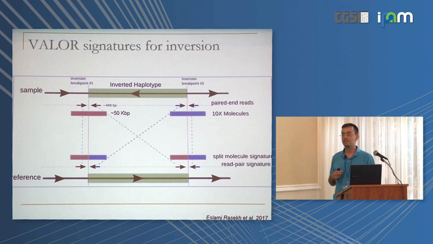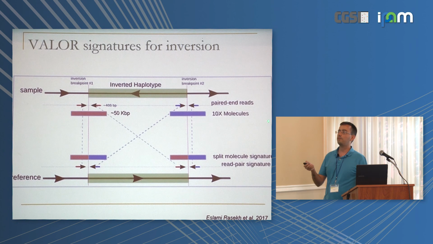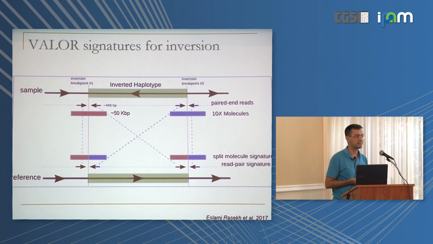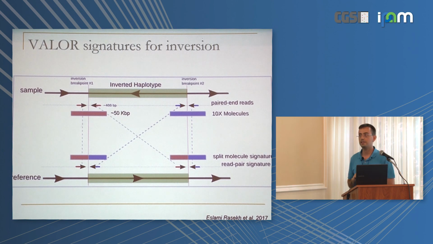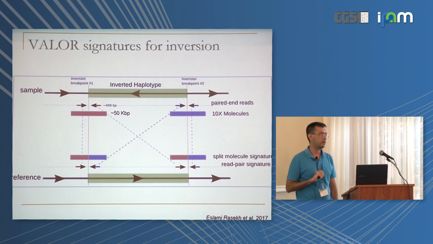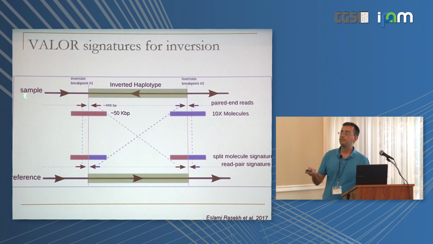So this is the signature that we used for inversion. We have the same formulation for pooled clone sequencing and 10x. The only thing that changes is the size of the molecules that we have to deal with and the coverage, obviously. Again, let's say this is the inverted haplotype in the sample. If we have molecules spanning the breakpoints, they will be split into two.